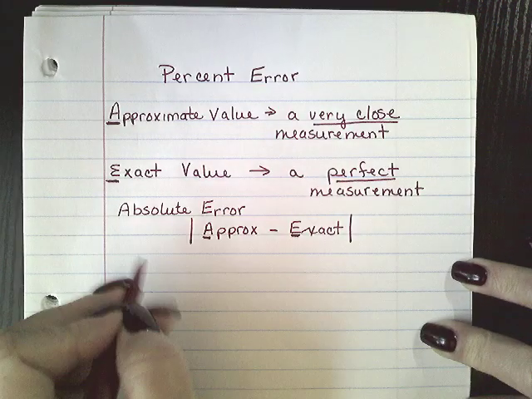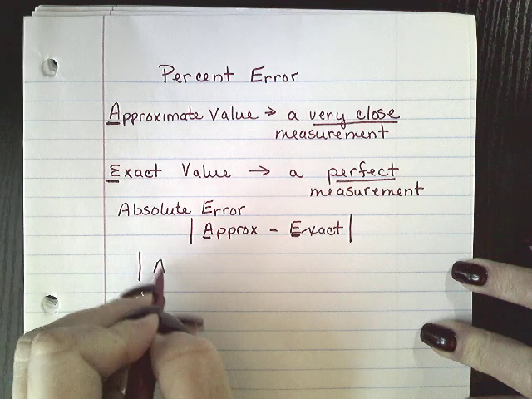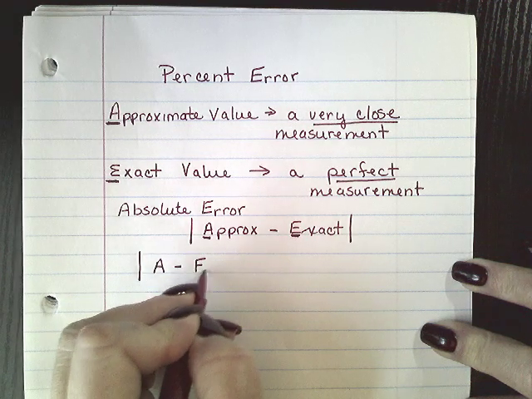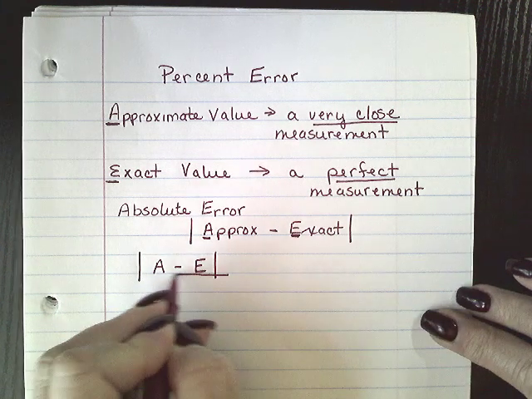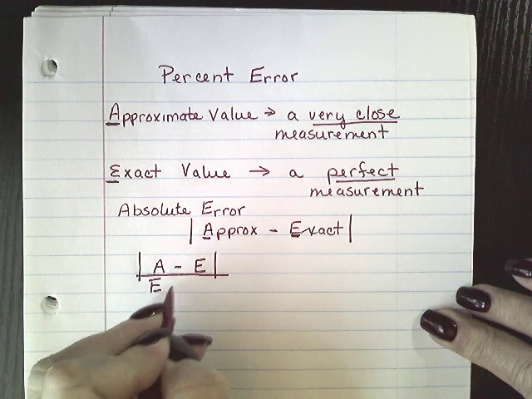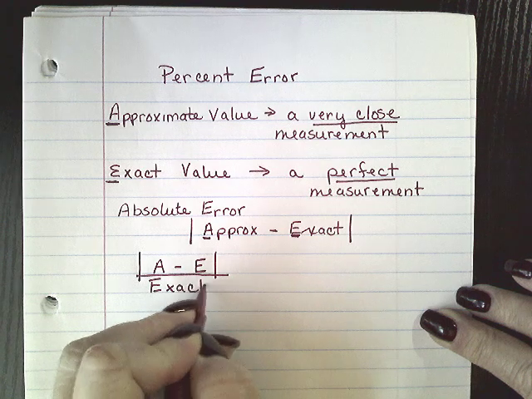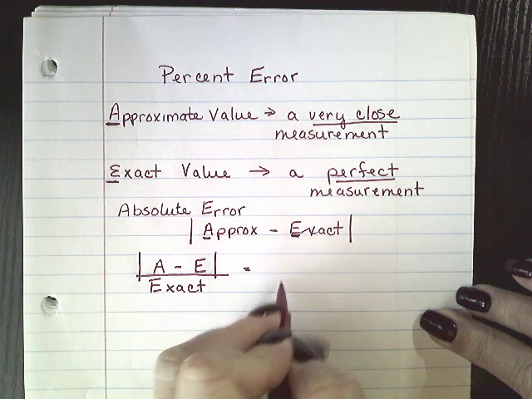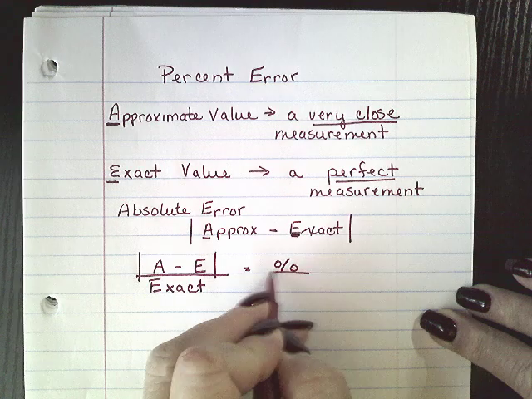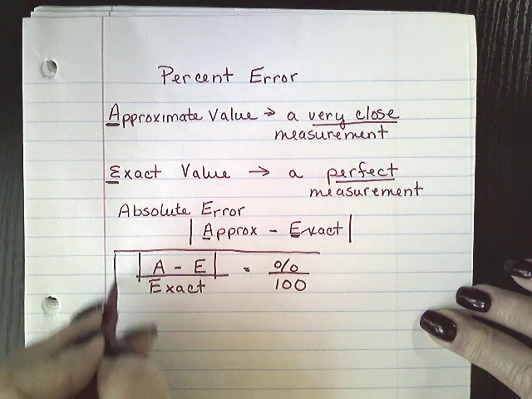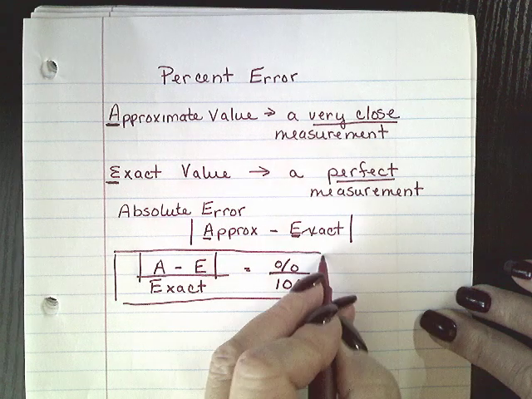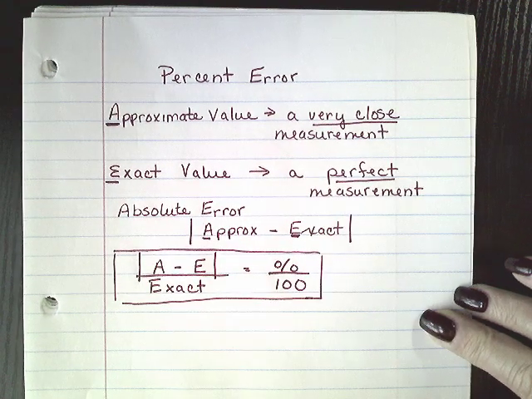We're going to give you the A minus E, and that will be over the exact, which is equal to your percent over 100. So this is going to be the proportion that we use to find the percent error.